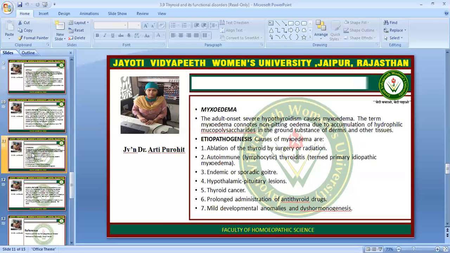The etiopathogenesis includes ablation of the thyroid by surgery or radiation, autoimmune thyroiditis, which is termed as primary idiopathic myxedema, endemic and sporadic goiter, hypothalamic pituitary lesion, thyroid cancer, prolonged administration of antithyroid drug, and mild developmental anomalies and dyshormonogenesis.